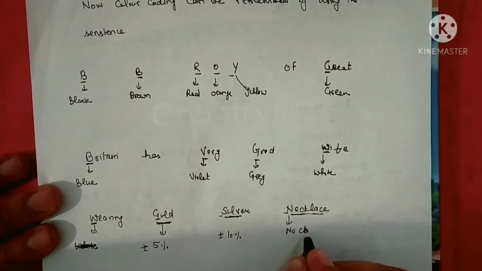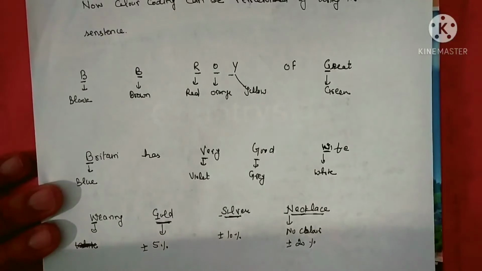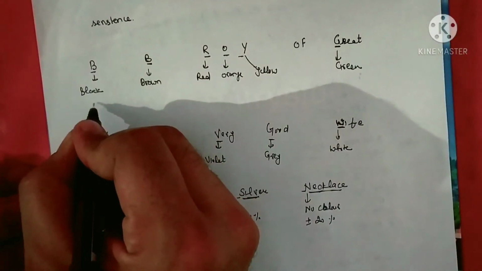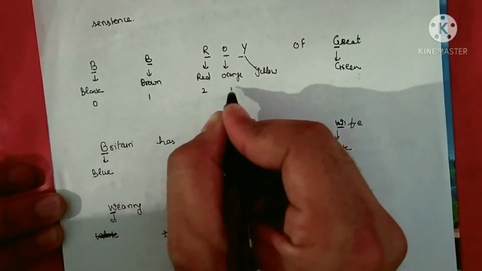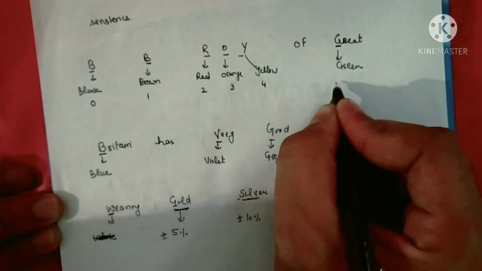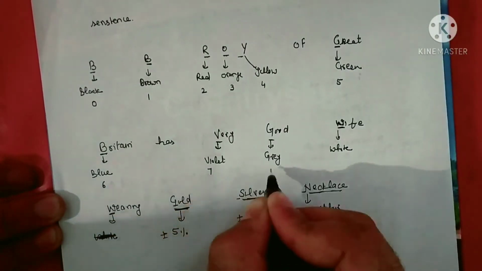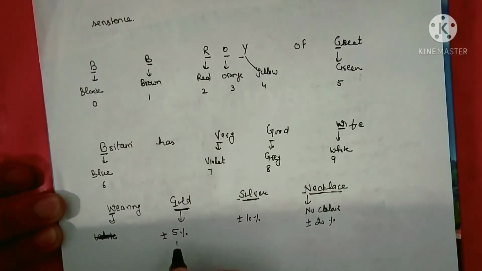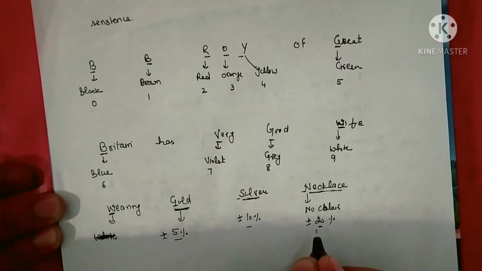If there are only 3 colors, then plus minus 20% tolerance. Now the first digit is given by this 0, this is 1, 2, 3, 4, 5, this is marked as 6, 7, 8, 9, and this is the tolerance, 5%, 10%, plus minus 20%.